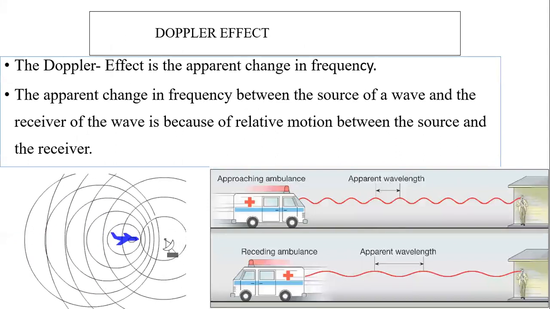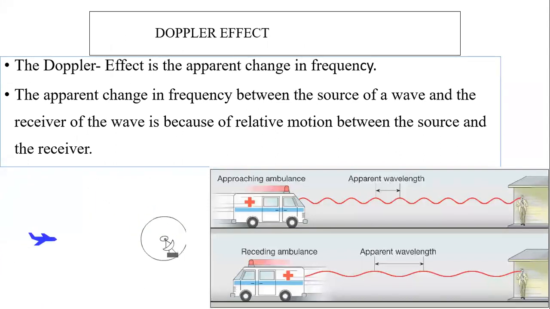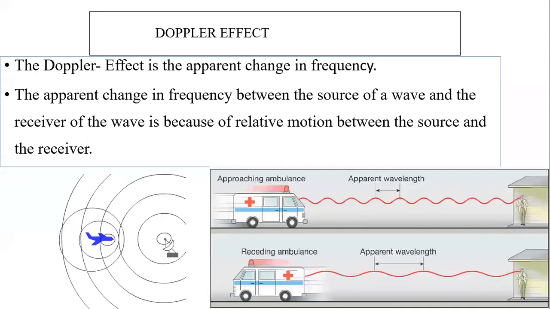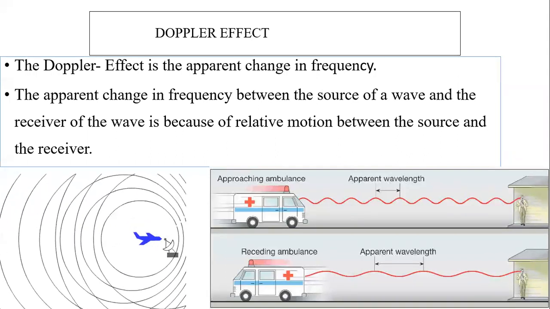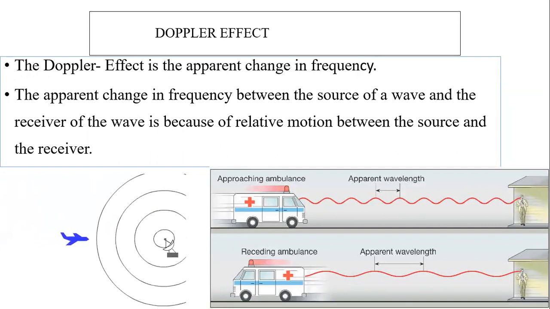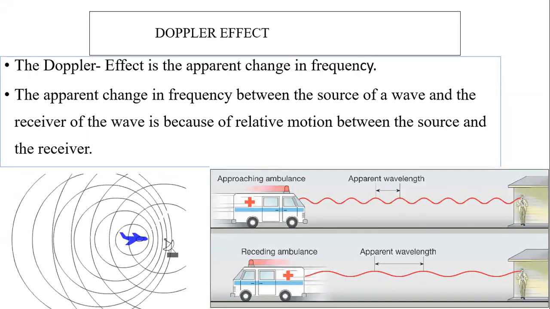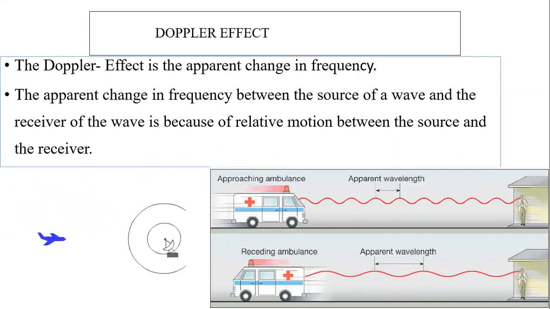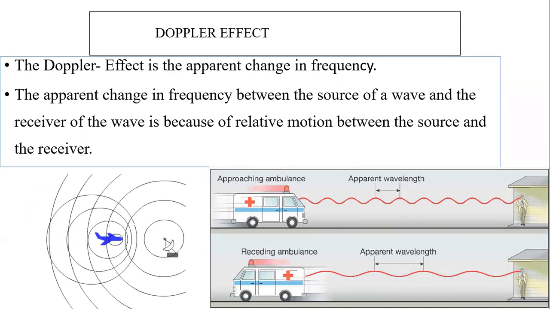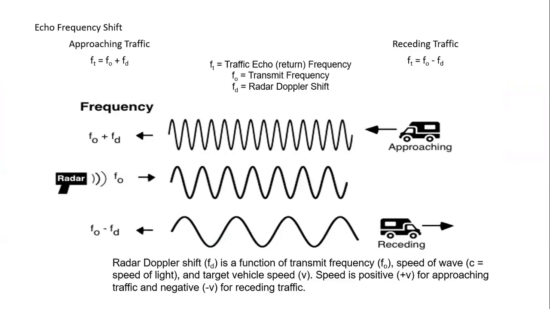What is the Doppler effect? Basically, the Doppler effect is when the object is moving towards you or going away from you, there is an apparent shift in the frequency. This frequency is being detected, and this entire information about the shift of the frequency is called the Doppler effect. Now, when an object is approaching you, naturally the frequency will be higher.